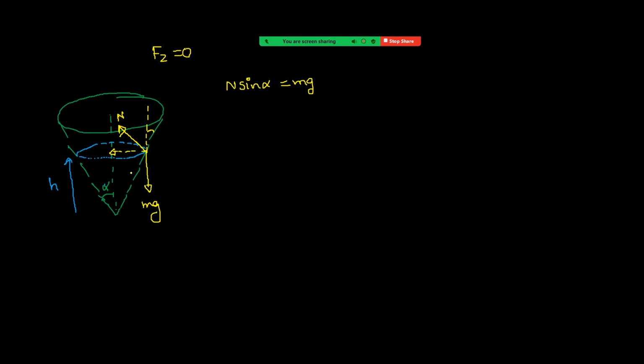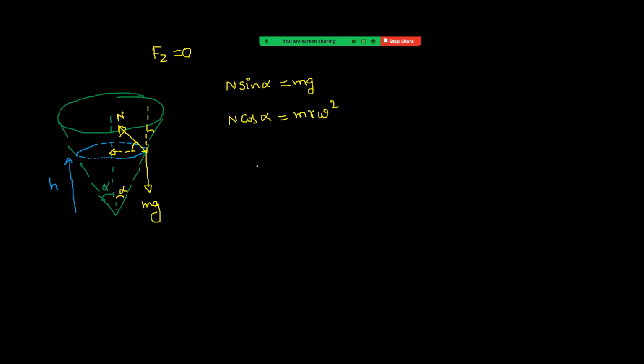Now see carefully. This angle is alpha, this is 90, this is 90 minus alpha, the remaining is alpha. So N cos alpha is providing the centripetal force, which is equal to m r omega square.